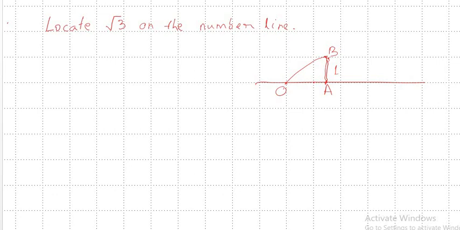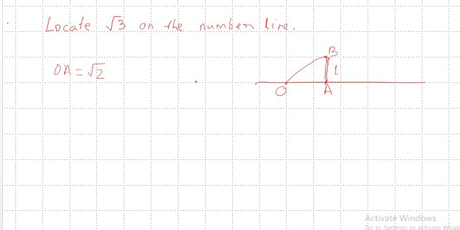For example, in this case I will take OA as root 2. Now you may be thinking, why root 2? I am taking root 2 because just before root 3 the irrational number that exists is root 2.